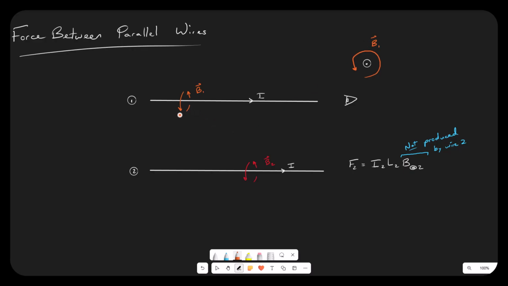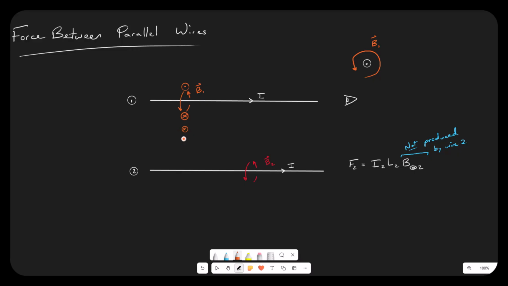Which means at this location below wire 1, but in the plane of wire 1, I get a magnetic field that points into the screen. Up above, I get a field that points out of the screen.